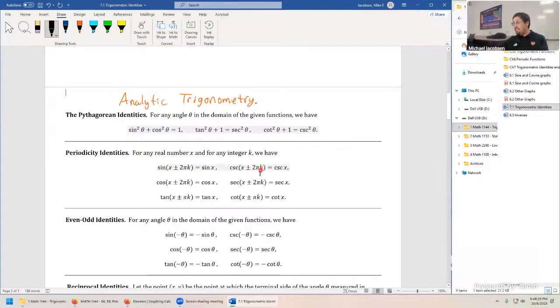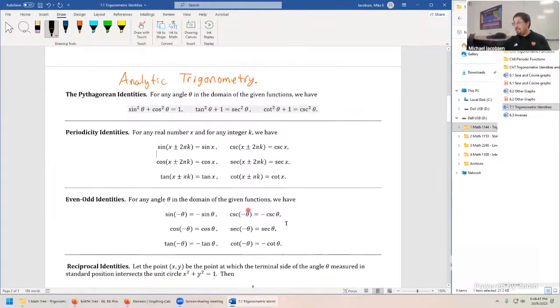So does cosecant. So does secant and cosine. Tangent and cotangent are the odd ones out because they repeat on a period of pi itself. So pick any integer k, it could be 10, -3, 4. And if you use periodicity, sin x, add or subtract any multiple of 2 pi, gives you just sin x back.